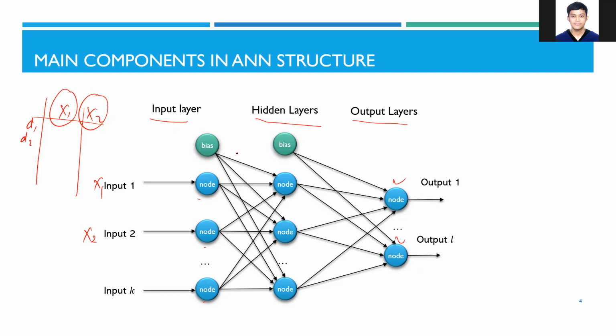Another component is bias. Each layer will have one bias. Bias functions here because sometimes in our data, for example, we have two attributes, but are we sure that all factors that should be considered are already included in these two attributes?